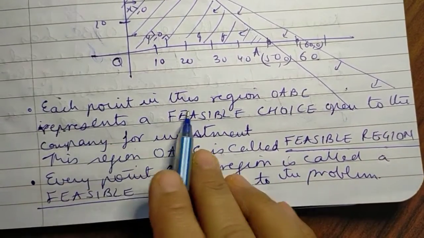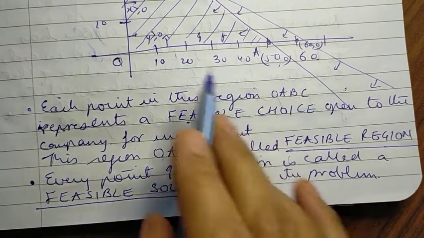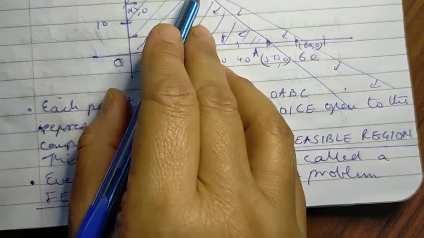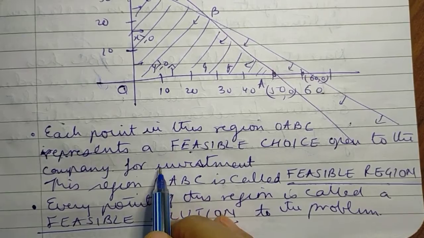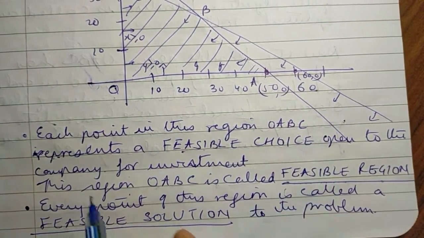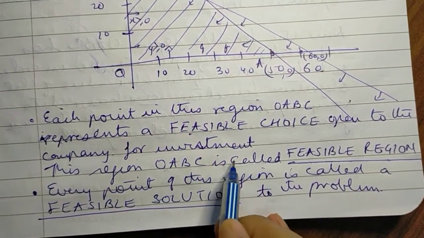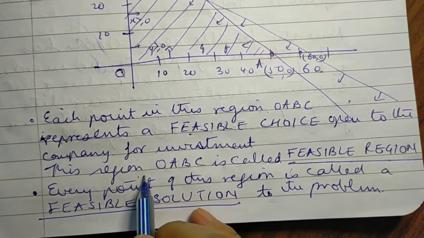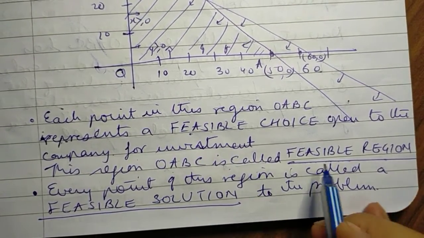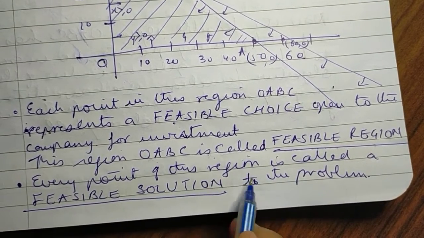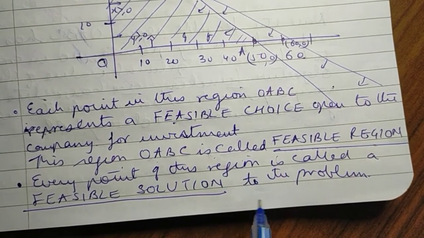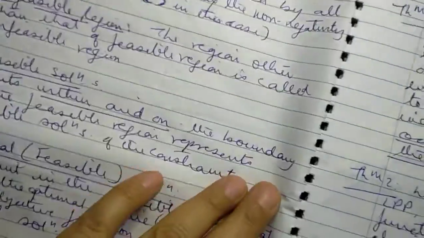Now, each point in this region OABC, this is O, this is A, this is B, this is C, represents a feasible choice open to the company for the investment. This region OABC is called the feasible region. Every point of this region is called a feasible solution to the problem.